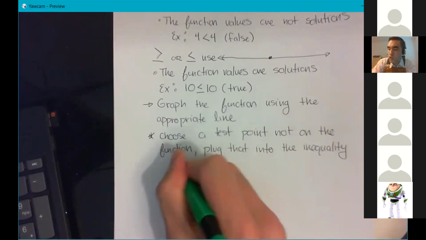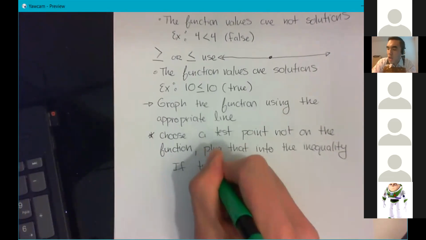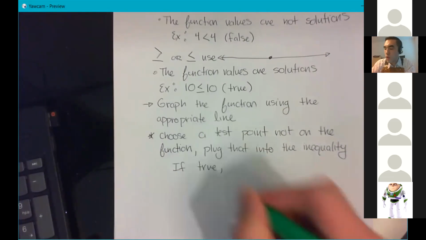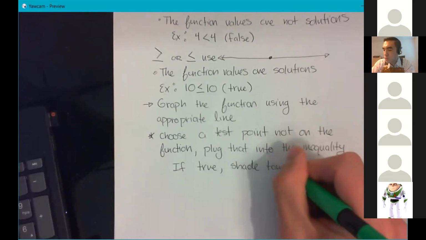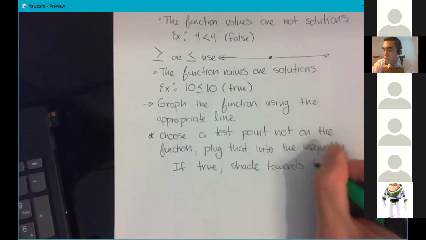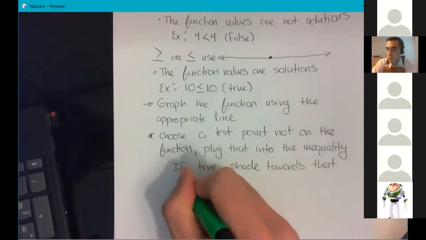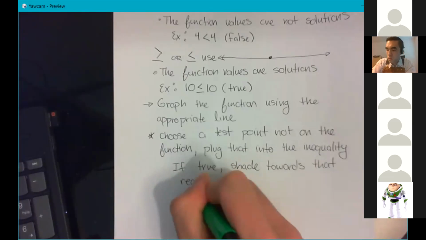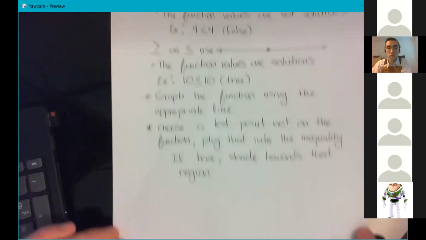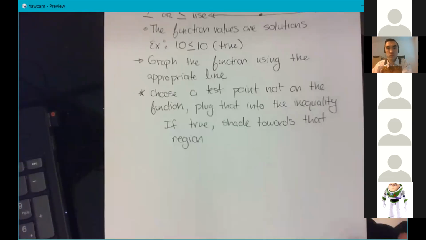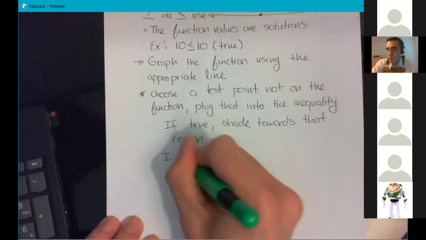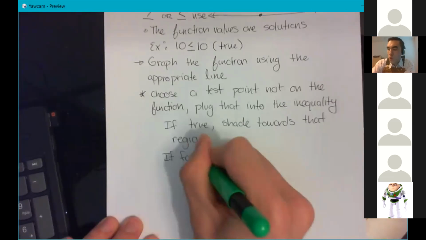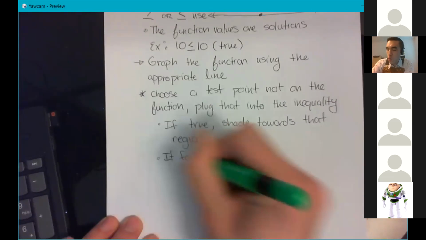If the test point is true, if it satisfies the inequality, then we are going to shade towards that region. And if false, we are going to shade away from that region.